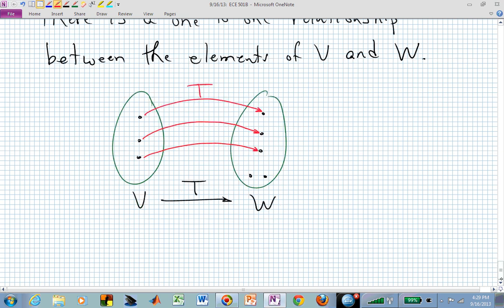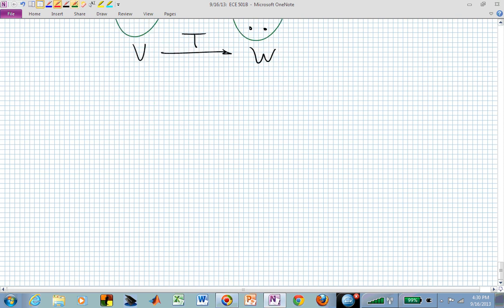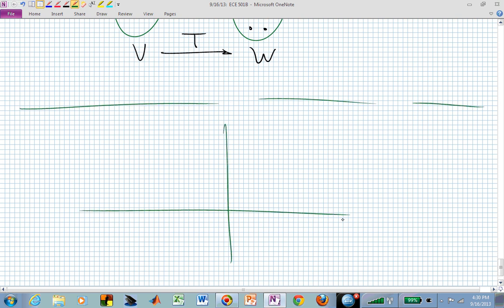Another way of looking at that, let's say V and W are both just one-dimensional, the real line, an injective map could be thought of in the following way. Here is a mapping, an f of x from an x.